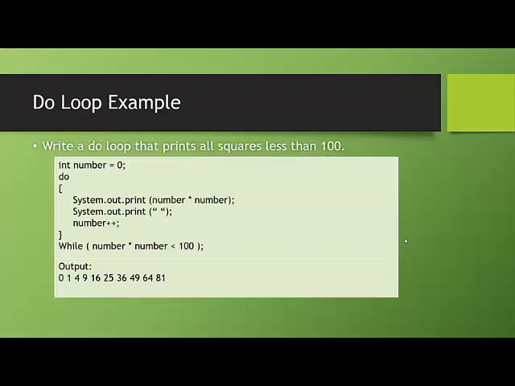In a do loop that prints squares less than 100, we test the condition at the end, so the body of the loop instructions are executed at least once before the condition is even tested. Each one of these programs produces the same output.